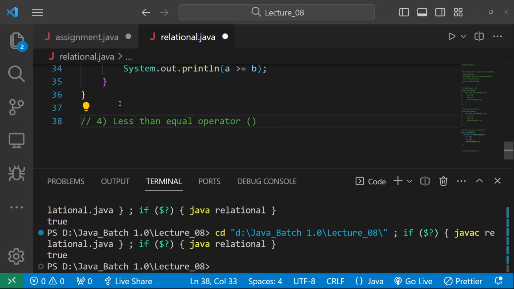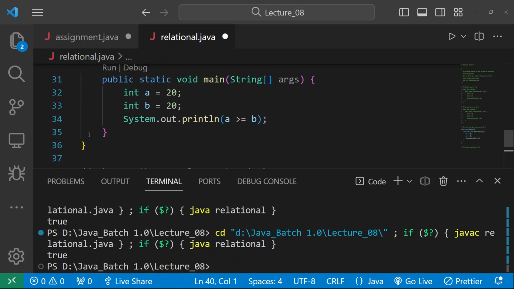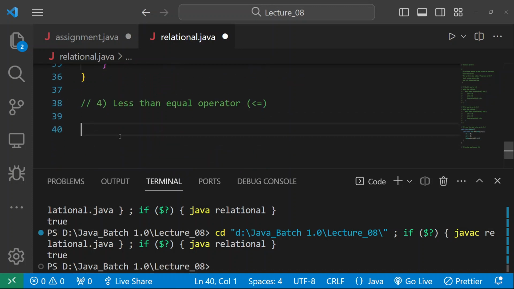Next is less than equal to, a simple thing. I will just be writing down the names, no need of code. By the name, it lets you know what exactly is happening.